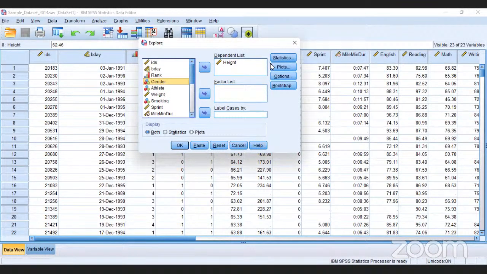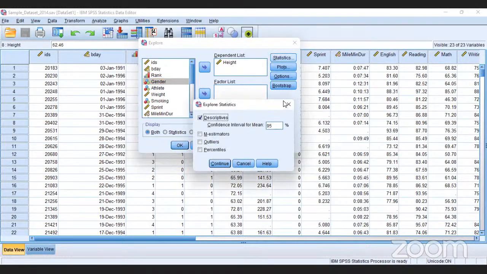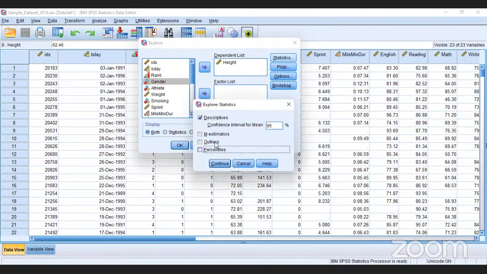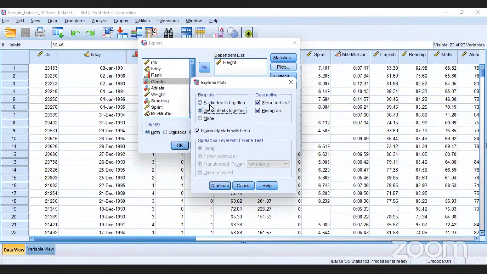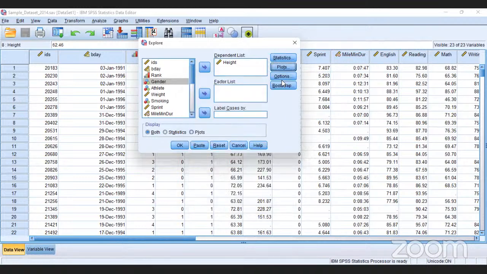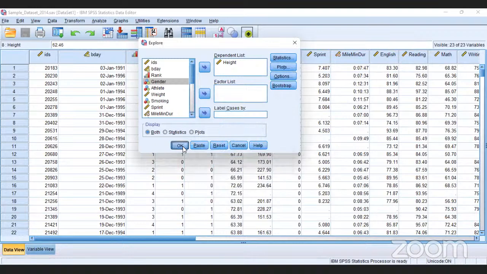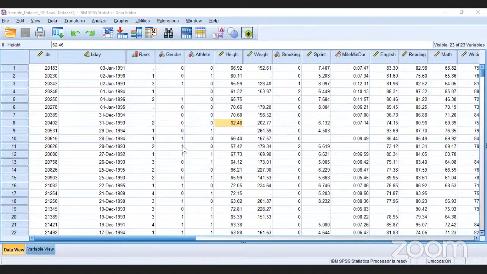Now, yesterday we saw that since it's a single variable and it's continuous, we put it under the dependent list, and then we go to statistics. If we choose to take our outliers, percentiles, we can plot it, and so on and so forth. And we take continue as we see. So we did that yesterday.